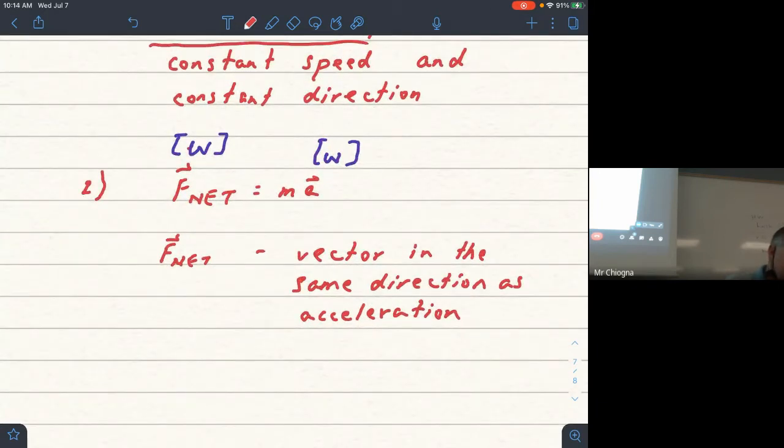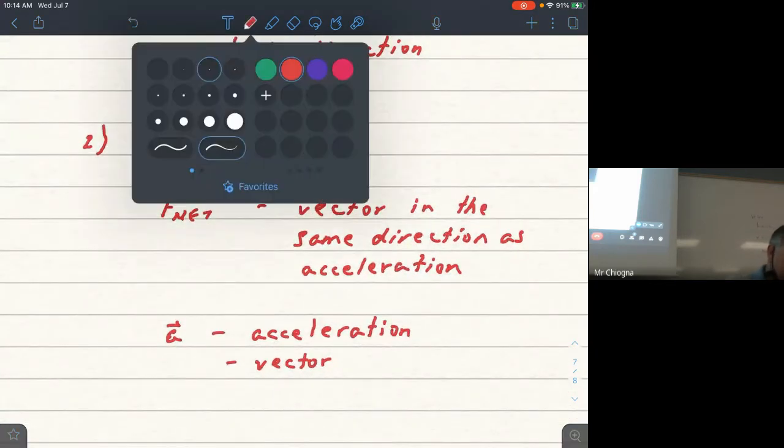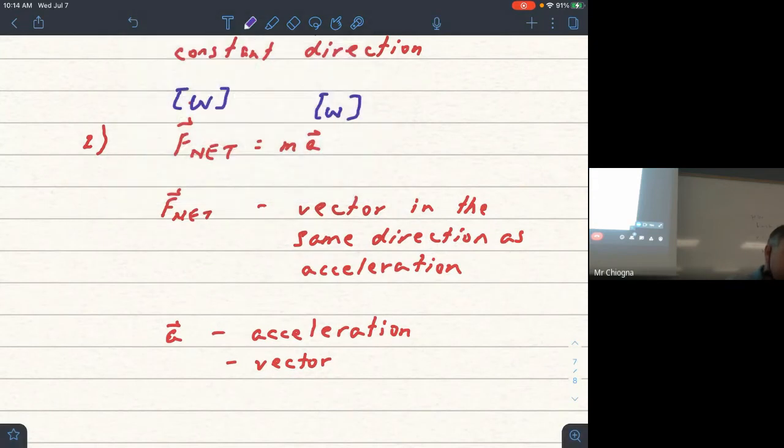All right. A is the acceleration or deceleration. We usually use the generic word acceleration to mean either. It is a vector. I just mentioned it's in the same direction as net force. It has units of meters per second squared.